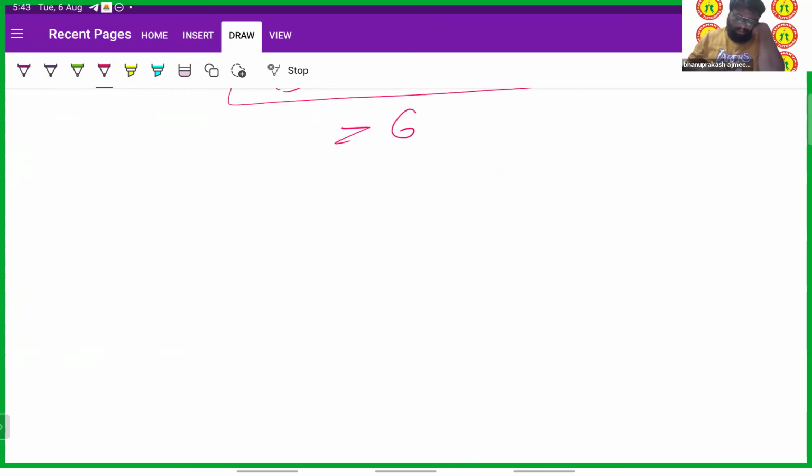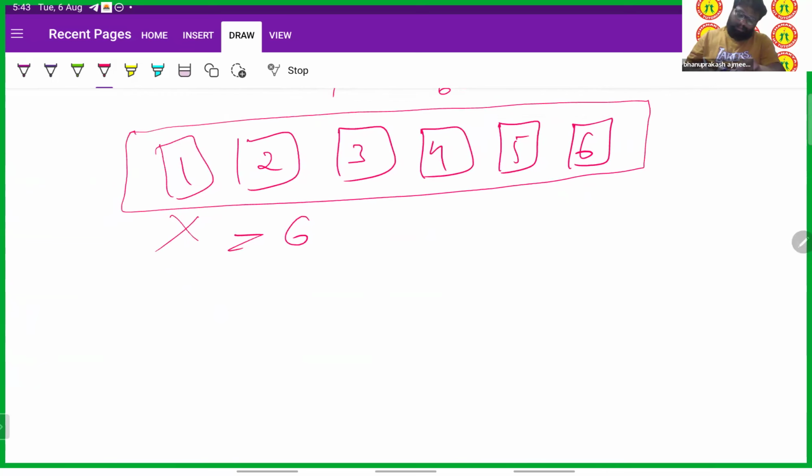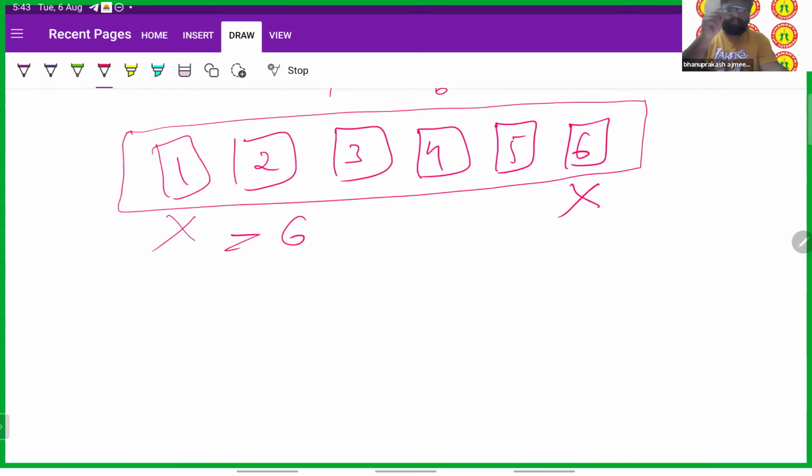So the first time I rolled, I got 1, failed. One outcome gone. The second time I rolled, 6 came. So 6 is not my event. My event is that I should roll a dice such that I get 3. Again I roll the dice, 5 I got, not my event. Again 4, not my event.